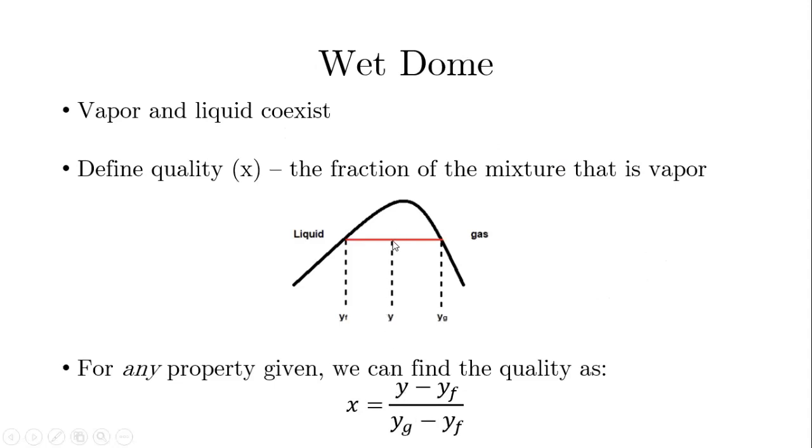So for y, which I don't know, I do know y for the liquid, which conveniently they subscript with f, and then the y for the gas is g. These things I can look up in a table, and I'll show you in a few minutes how to do so. This I can't, because it just depends on where I am. So if I want to know at point y what percent is gas, I will just use these tabulated values, and I'll find it.